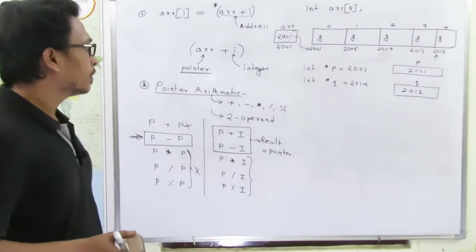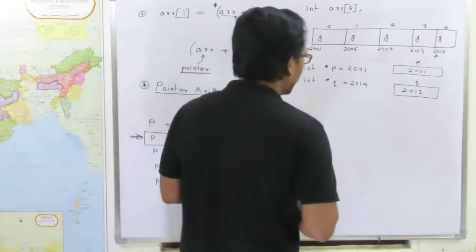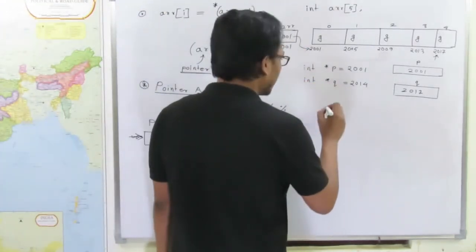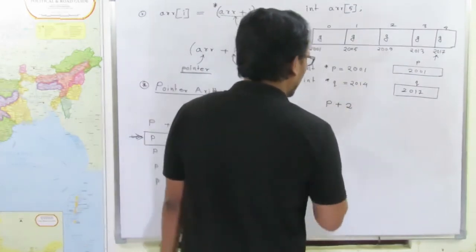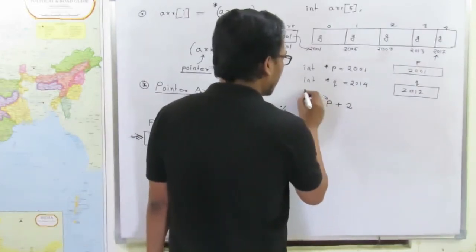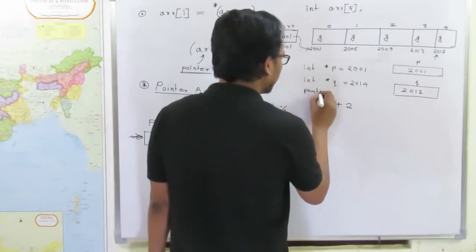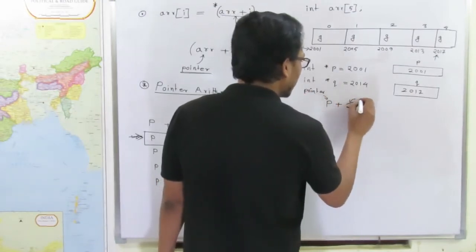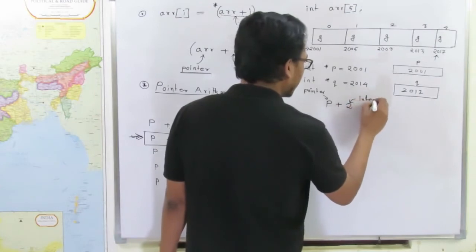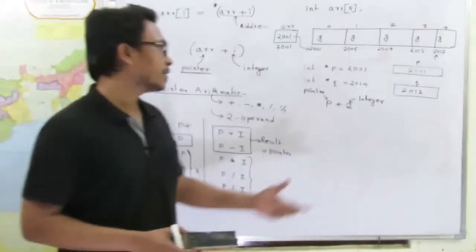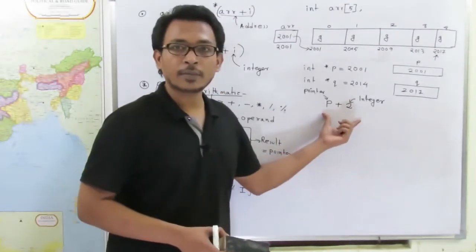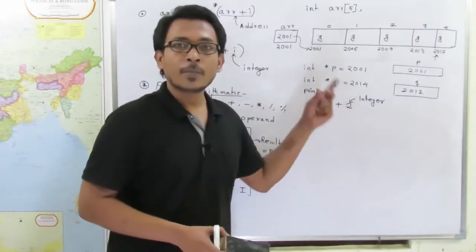Clear? Now let's say we are performing the addition operation p plus 2. Now what is this p? P is a pointer and this 2 is an integer. Now which operation are we performing? Is it a normal arithmetic? No, it is not a normal arithmetic, it's a pointer arithmetic.